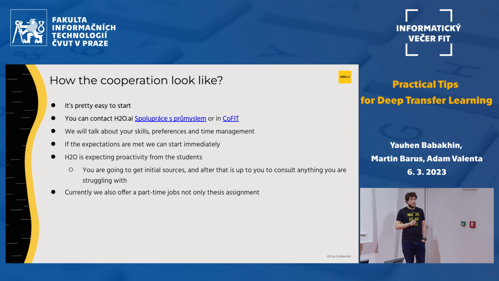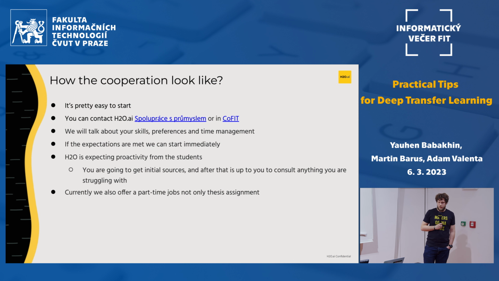It's pretty important for us. If the expectations are met, we can start cooperating directly. Everything is prepared. We just need to have a handshake with you, and we can start.